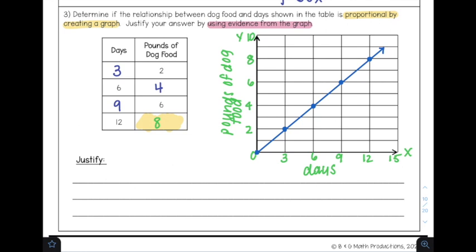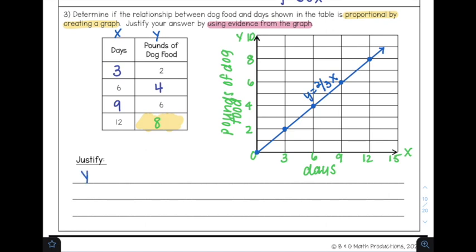I want to find my equation, which is really going to be y equals 3 halves x. Oh, 2/3. Whoops. Because this is my x and this is my y. And then how I'm going to justify my answer, if it's proportional or not, by the graph.